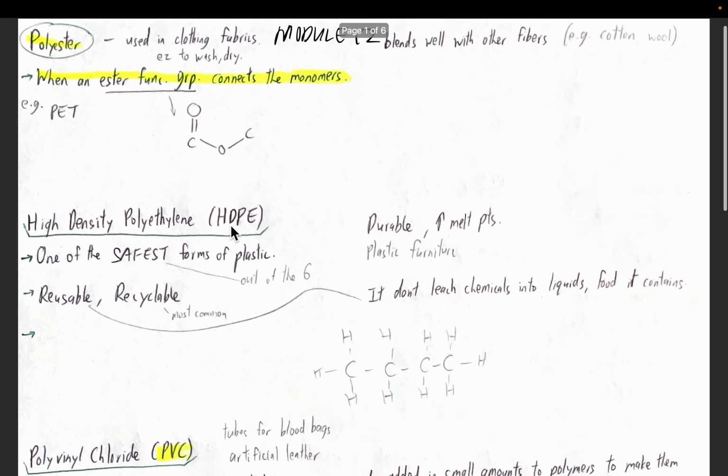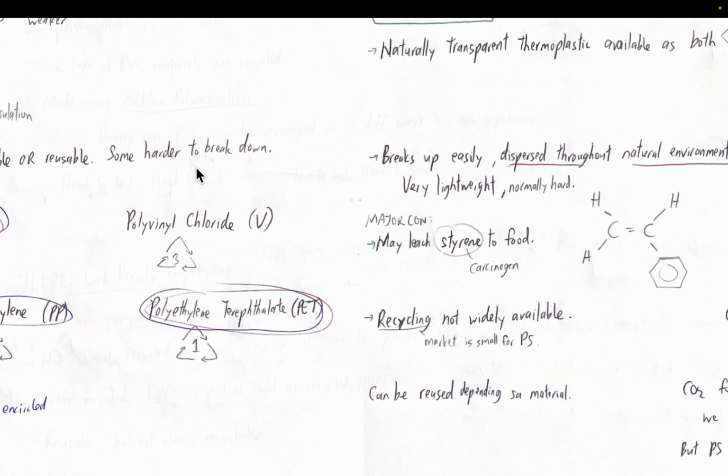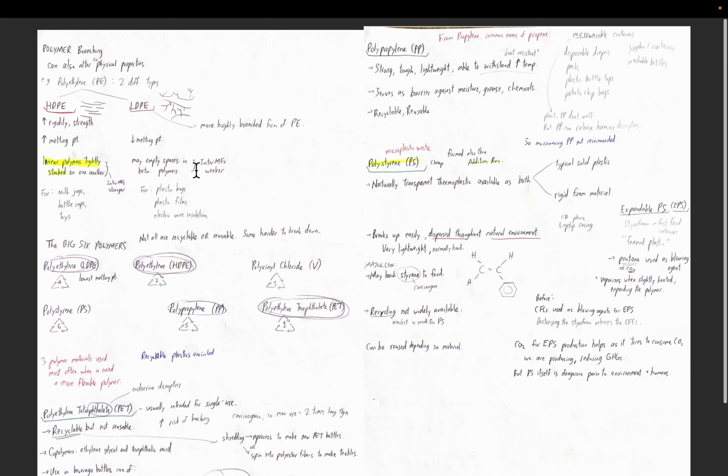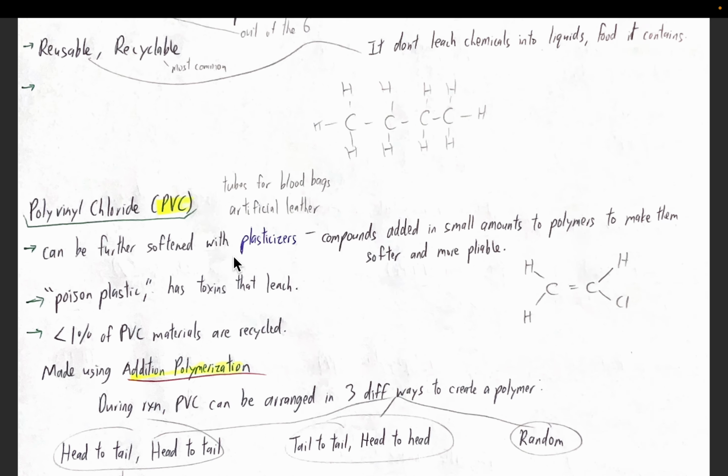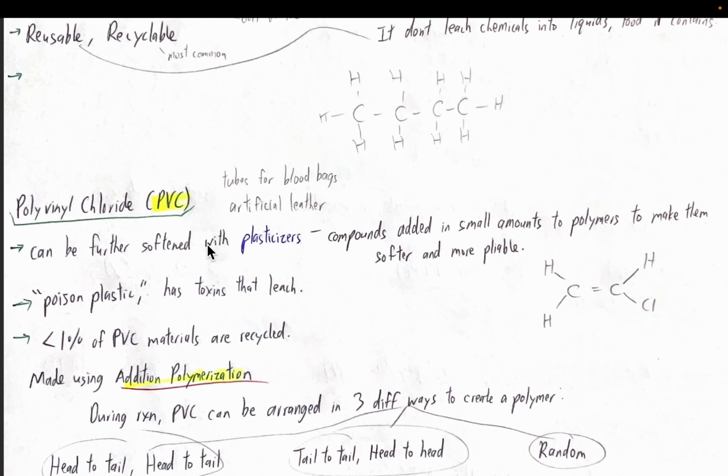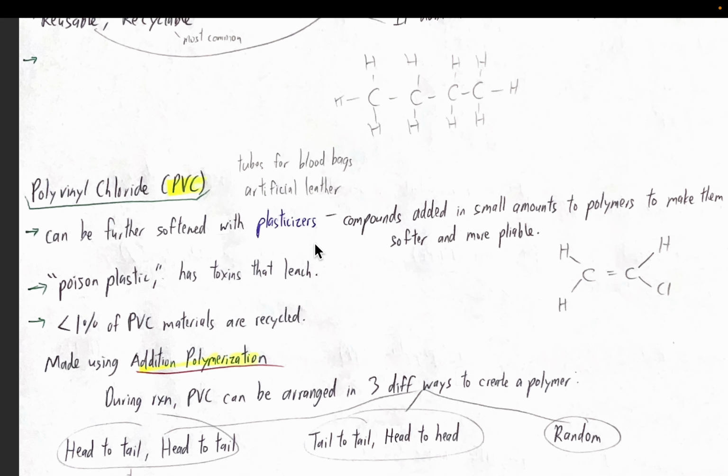For PVC, in other words polyvinyl chloride, it can be further softened into plasticizers. This is the material that's used to make the tubes for blood bags. In a way, I think you can imagine that they are the blood vessels.